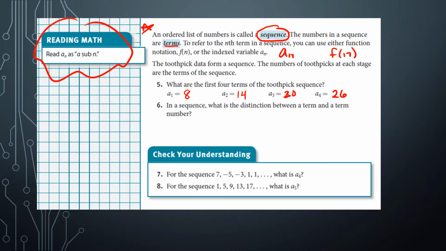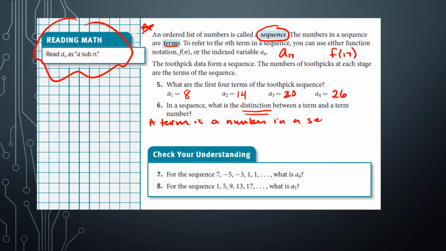In a sequence, what is the distinction? Now here's where this is important, because when you try to use words to describe things, you've got to have that vocabulary under control. So the distinction between a term and a term number: a term is a number in a sequence.